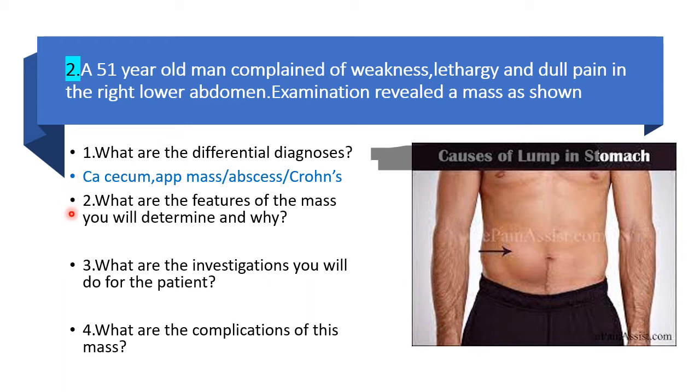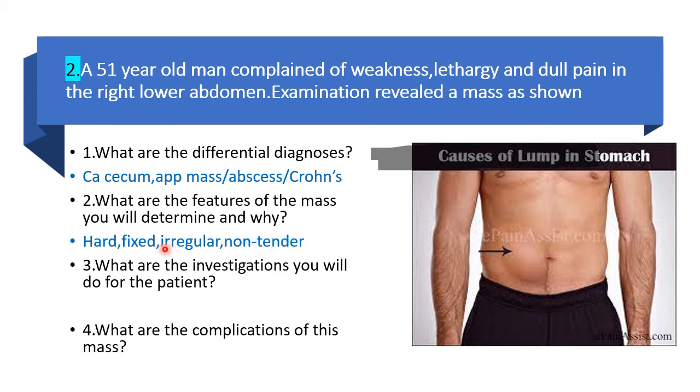What are the features of the mass you will use to determine and why? I will look for the consistency, hard mass, fixed or otherwise, irregularity of the border margins and whether it's tender or otherwise.